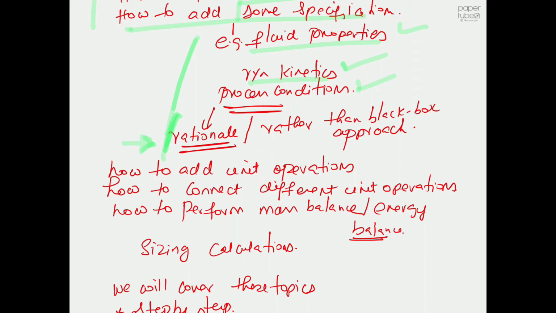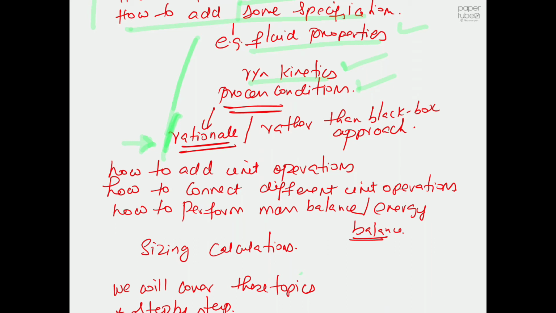Say you start the process at 10 degrees centigrade, but when we go to the purification stage, you need all the streams to be at, say, 100 degrees centigrade. Why is that? These are the reasons that we are going to discuss when you design the full plant. This is something that you're going to learn through this module.